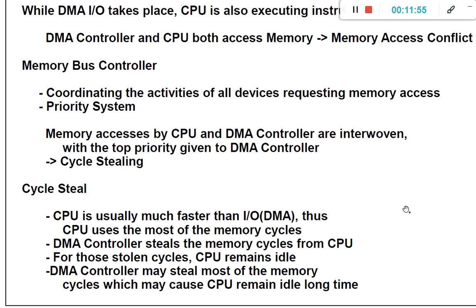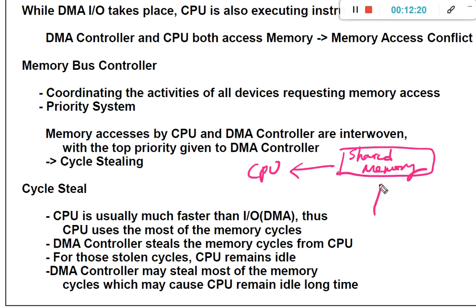During the execution of the DMA controller for data transmission, the CPU remains idle for some time until it gets control once again. This situation arises only whenever the same memory, that is the shared memory, is accessed by both the CPU as well as the DMA controller.